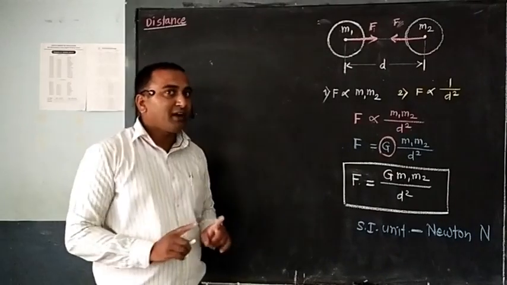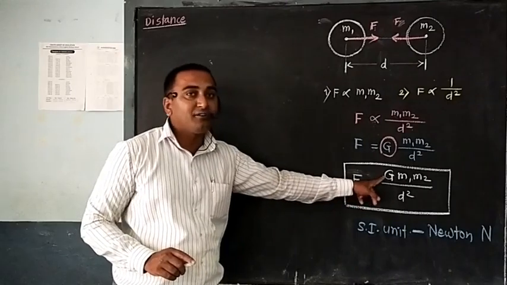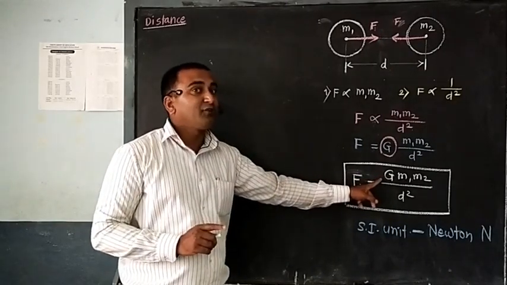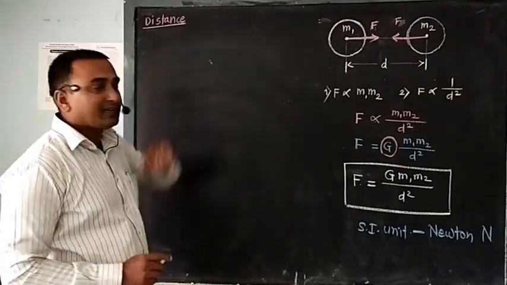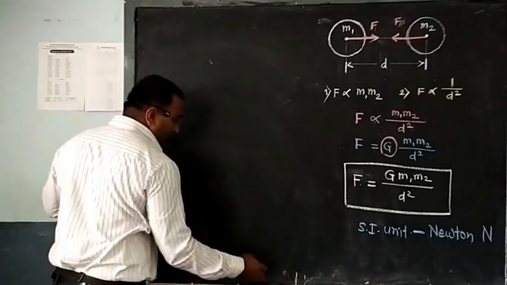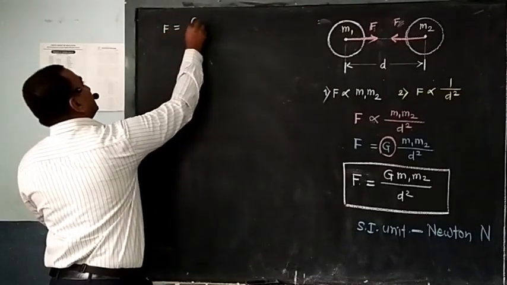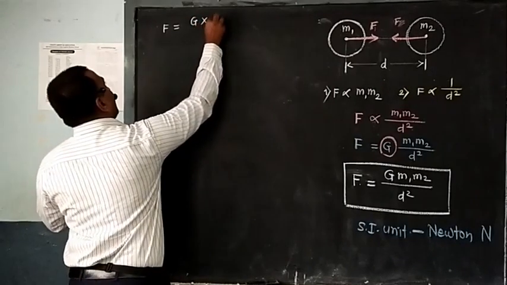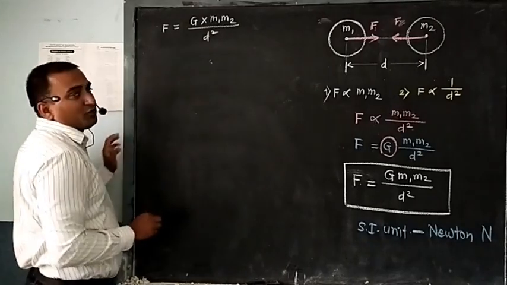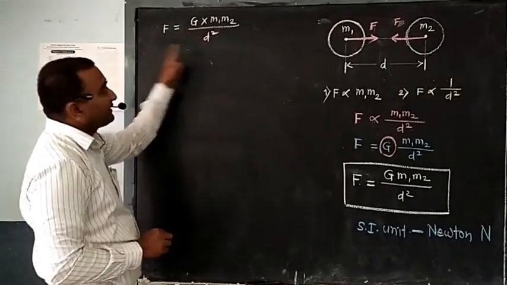Now, one important part we are focusing on here is the SI unit of the constant of gravity and the formula for that. Just we have considered one formula, and that formula is gravitational force is equal to G into m1 m2 divided by d square. If you want to form a formula for G, the remaining part gets transferred.